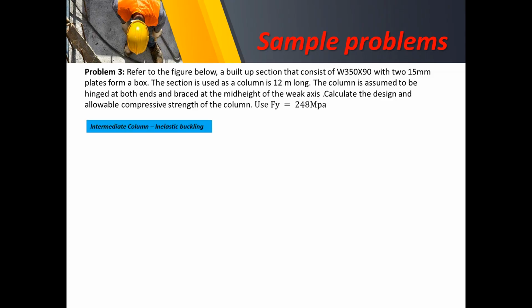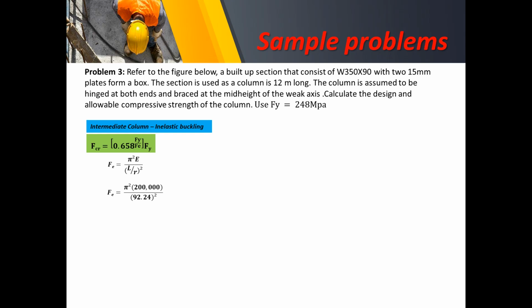So intermediate column, of course, that is under inelastic buckling. We're going to use this formula: Fcr is equal to 0.658 raised to Fy all over Fe, times Fy. Considering the Euler's critical buckling stress, we substitute.